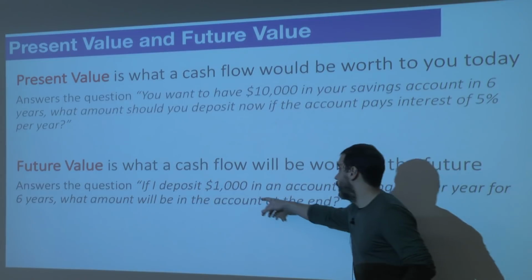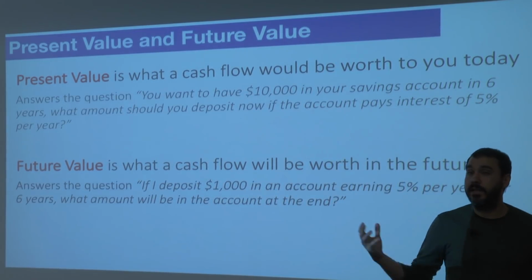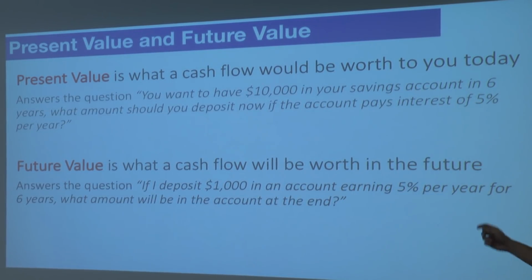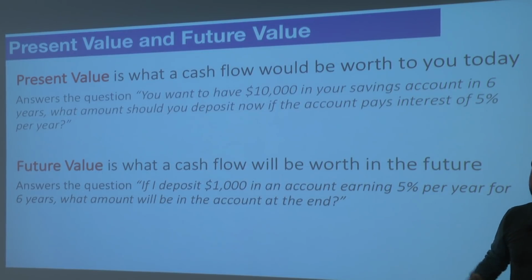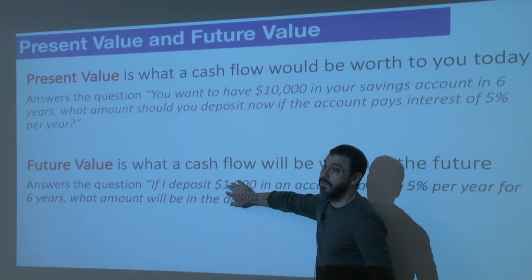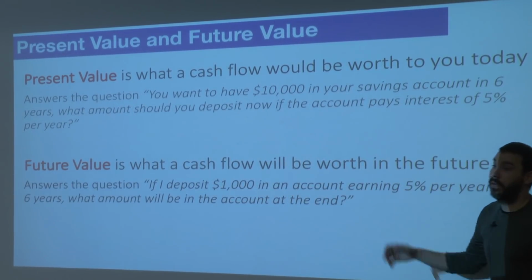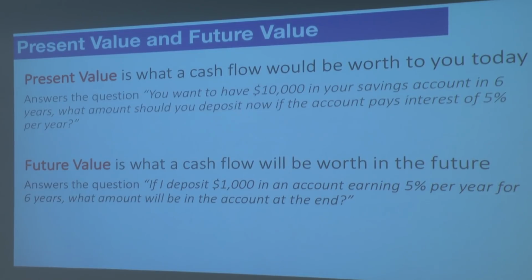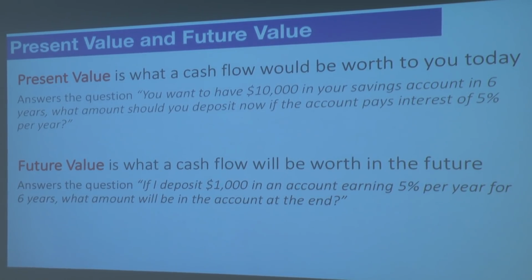Like if I deposit $1,000 now, when I leave it there for 6 years at 5%, in the end, how much will I have in my account? This is, I have a certain known present value, and I want to compute what the future value of that amount will be at a certain point in time.